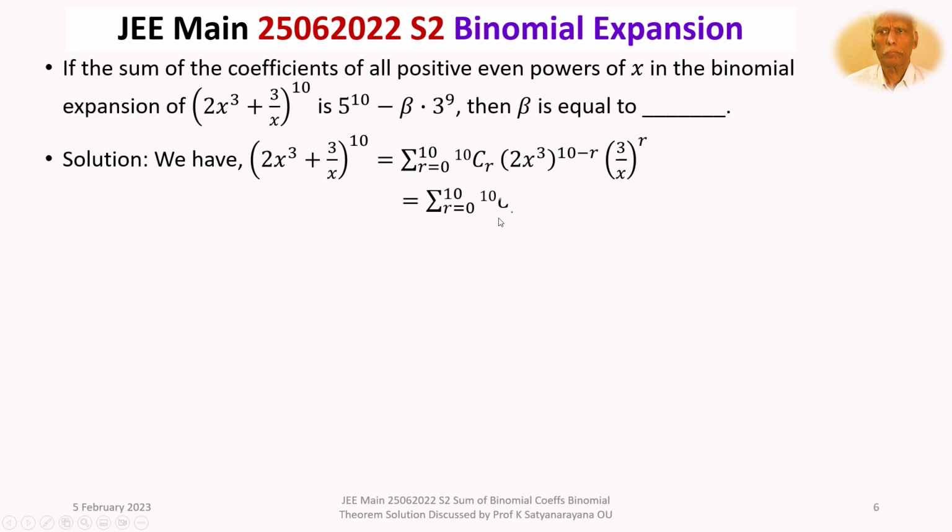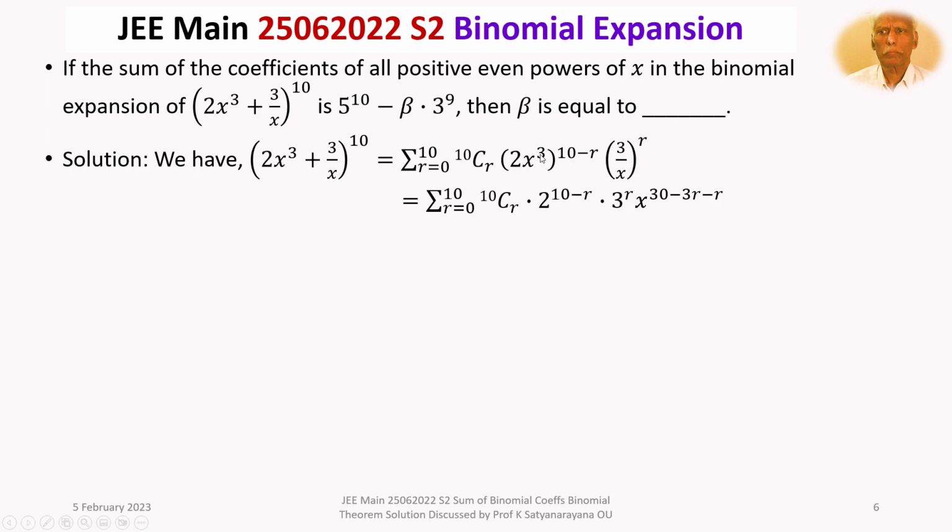That is equal to sigma r = 0 to 10, 10Cr, 2^(10−r), into 3^r.